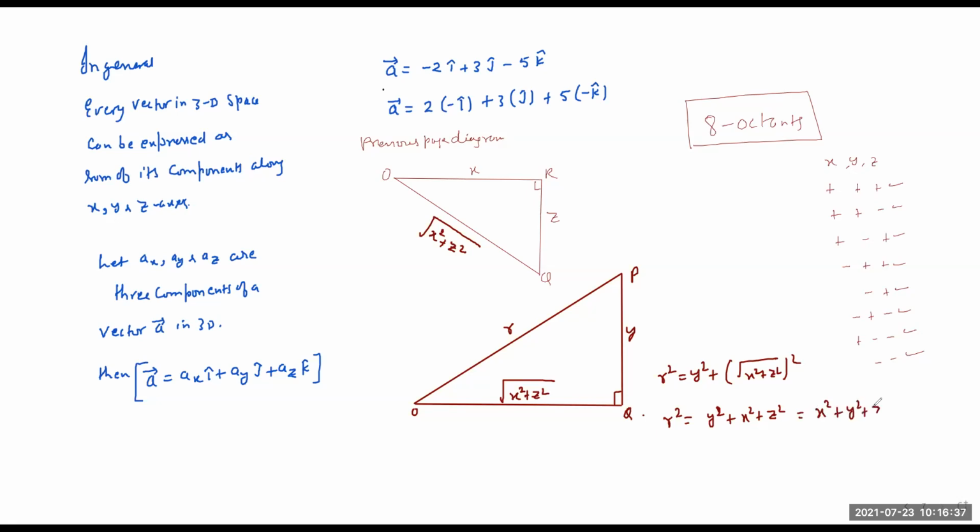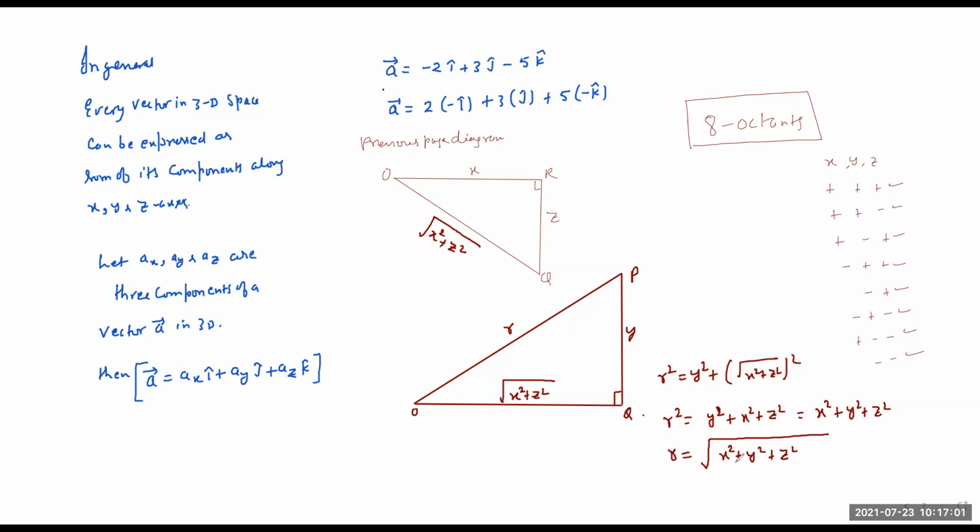To remember, it's not a big deal. The length of R, called the magnitude, is simply the sum of squares of its components, and take the root. So it's the root of the sum of squares of its components. And we also need to remember, the negative or the positive will not come, it will be only positive.